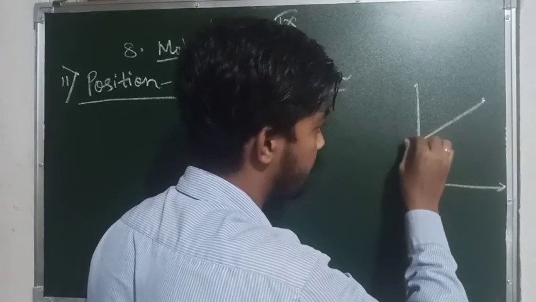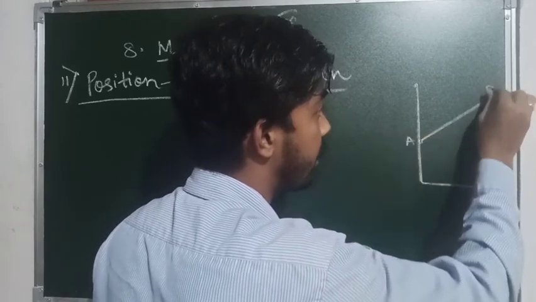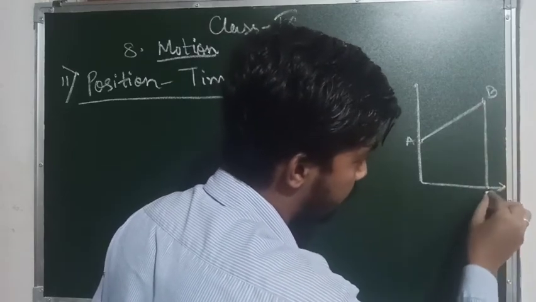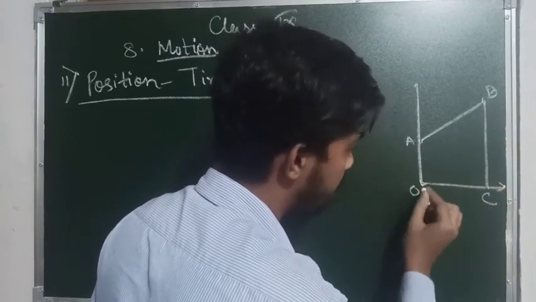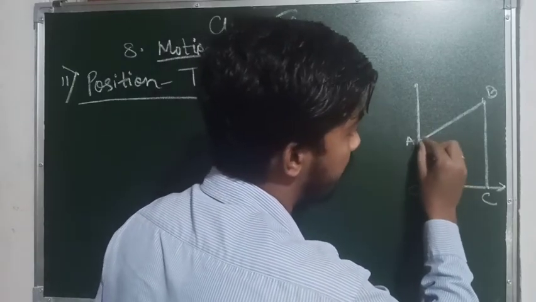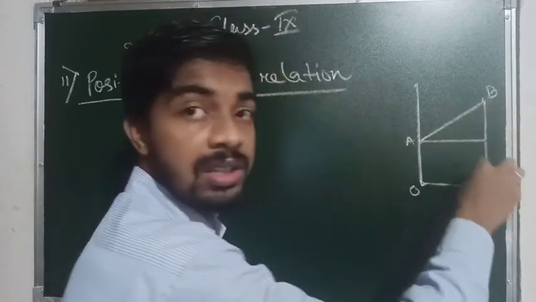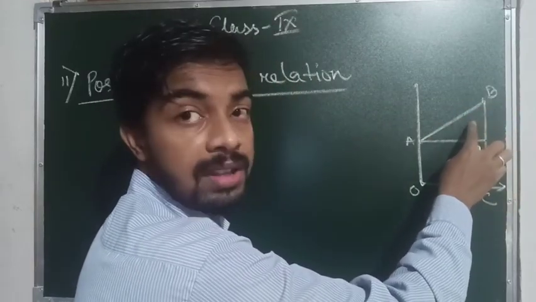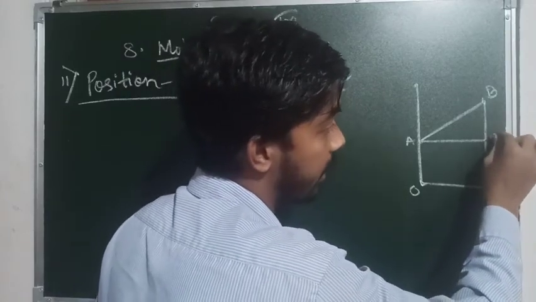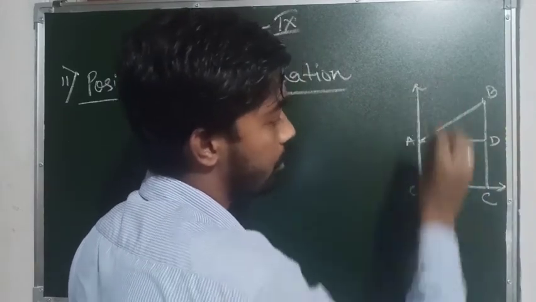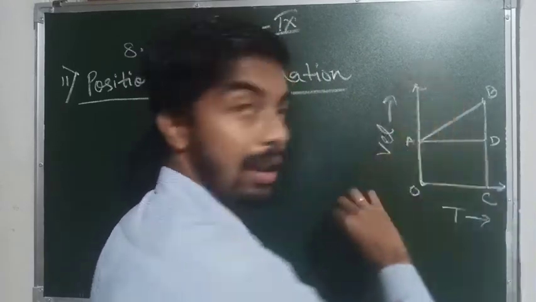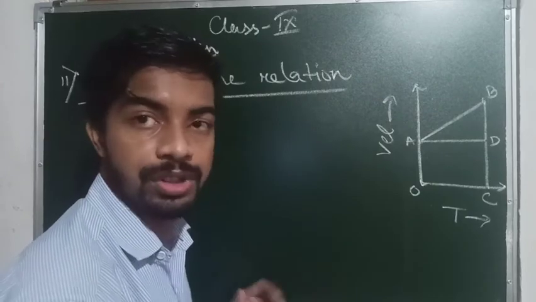This was point A, this was point B, and then it comes here, this was point C, this was the origin, and we had divided the graph, meaning the trapezium, into two parts. The upper part was a triangle, and the lower part was a rectangle. We are marking it D here. So this side it is time, and this side it's velocity. This was our graph that we used.